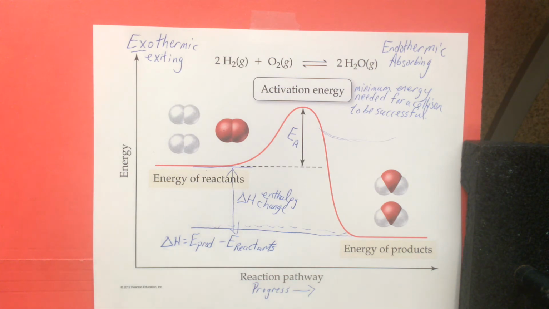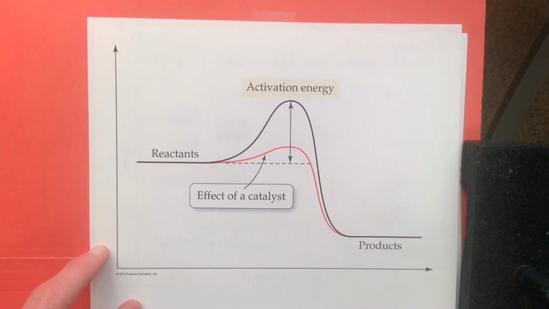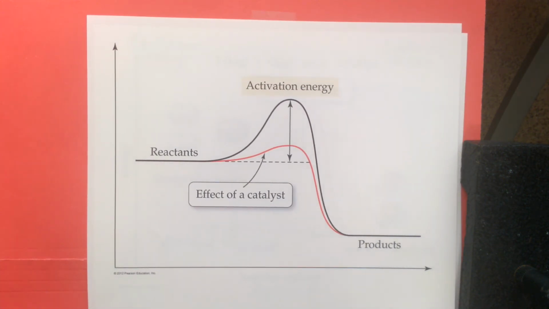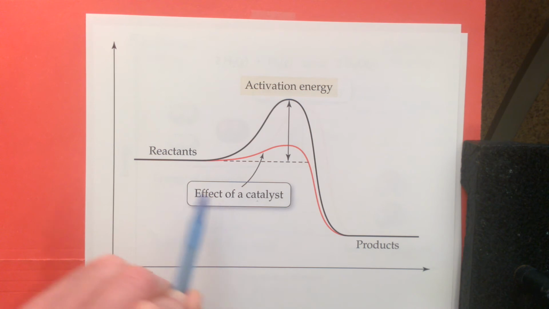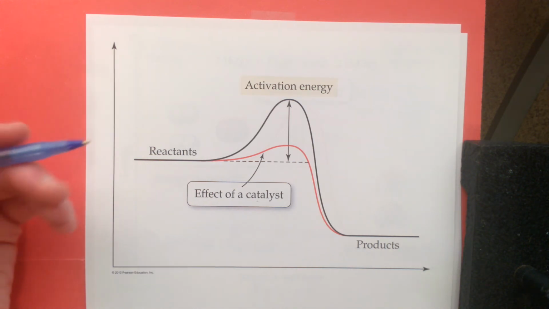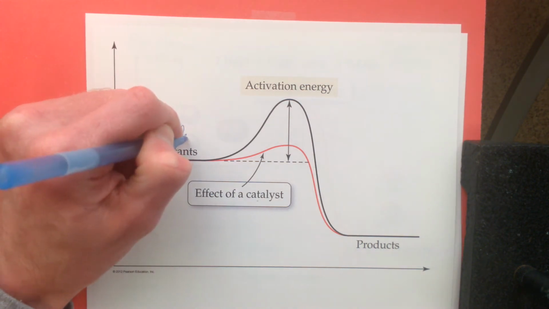Now, another aspect to look at on an energy profile diagram is what a catalyst does to a reaction. A catalyst is a substance that speeds up the reaction without itself being part of the reaction. See, this here is our hydrogen gas, here is our oxygen gas.